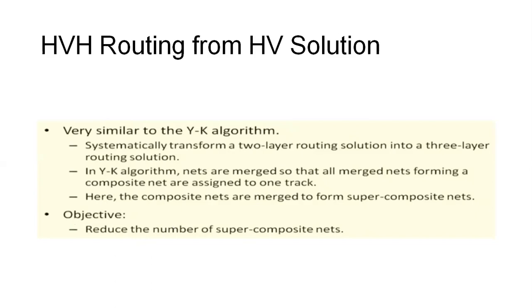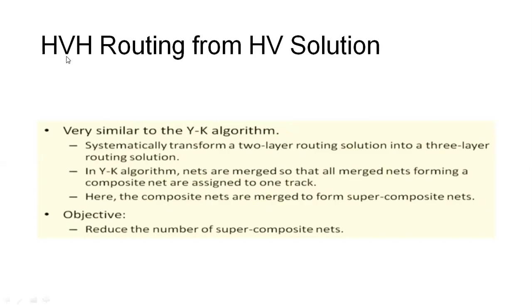So now my extended problem becomes something like this: when I merge two nets into a horizontal composite net, that is what we did in our composite algorithm. Yesterday evening we discussed in detail how to make a composite net. The composite net can be laid out either in layer 1 or layer 3, because layer 1 will be horizontal, layer 3 will be horizontal, in between layer 2 will be vertical, and that is what three-layer routing is.